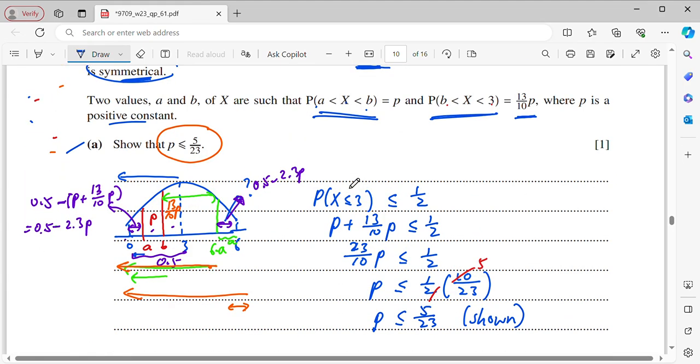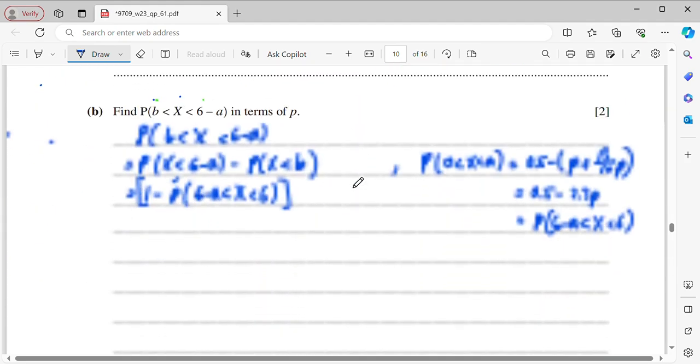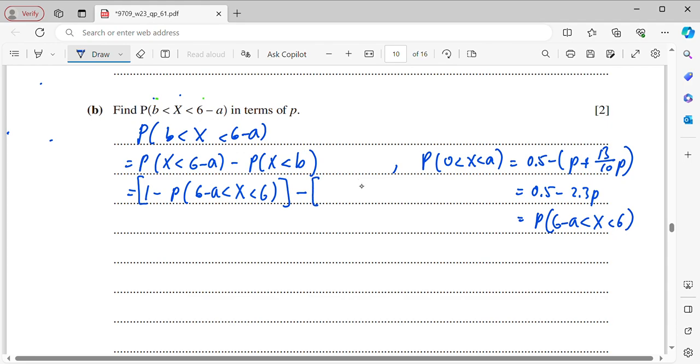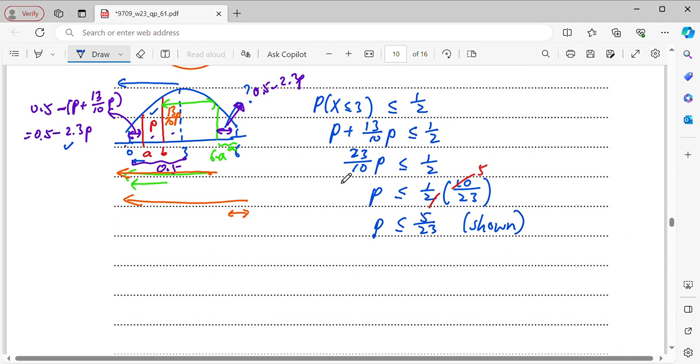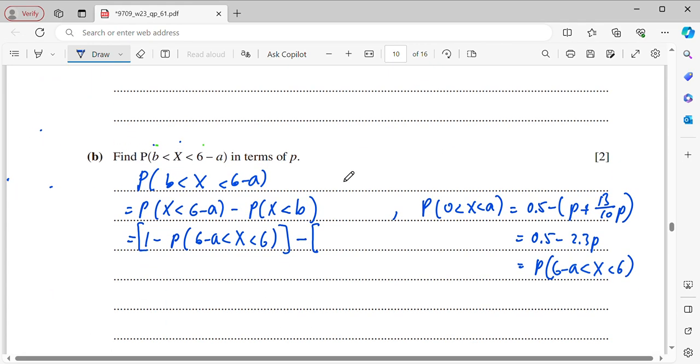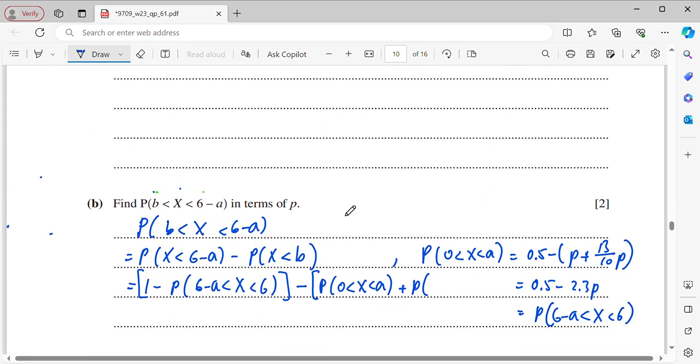P(x less than b) is the probability of x between 0 and a plus the probability of x between a and b.